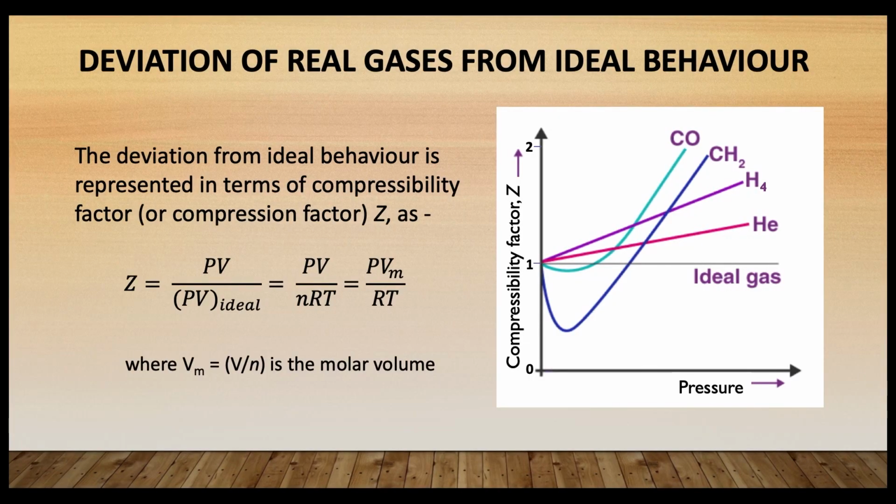And this is because at high pressure, the molecular repulsive forces are dominant. From the figure, we can also see that at moderate low pressures, carbon dioxide, methane and ammonia are more compressible than an ideal gas. That is, Z is less than 1 as PV is less than PV ideal. This is due to the fact that at low pressures, the long range attractive forces are dominant and favor compression.